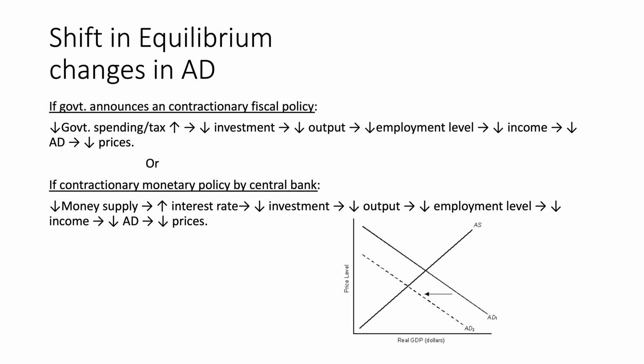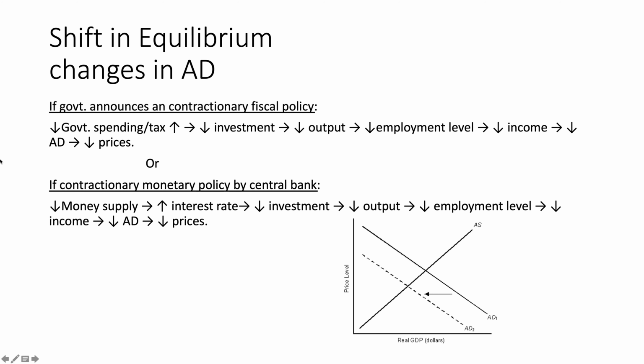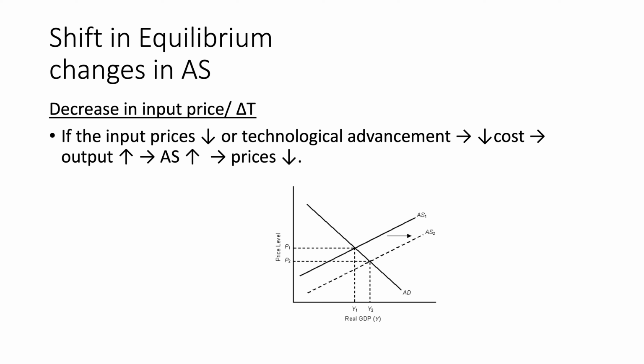Both examples are mentioned: if the government announces a contractionary fiscal policy or a contractionary monetary policy, in either case investment is going to be reduced, output decreases, employment and income are going to decrease as well, aggregate demand decreases, prices decrease. The same is the case with contractionary monetary policy as well, resulting in a downward shift in the aggregate demand curve.